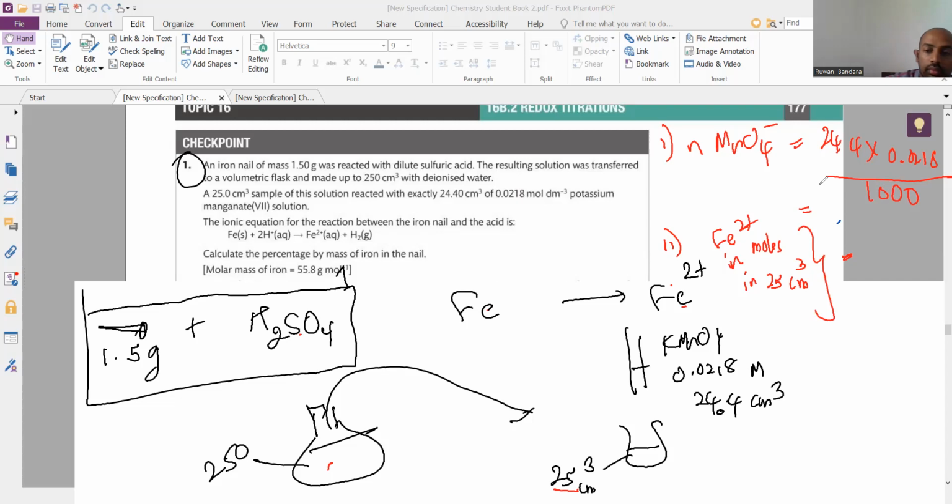So the answer is 5.32 into 10 to the power minus 4. So we discussed earlier, I told you that MnO4- to Fe2+ is 1 to 5. So this answer multiplied by 5 will be the number of moles of iron in 25 cubic centimeters. Is that clear?